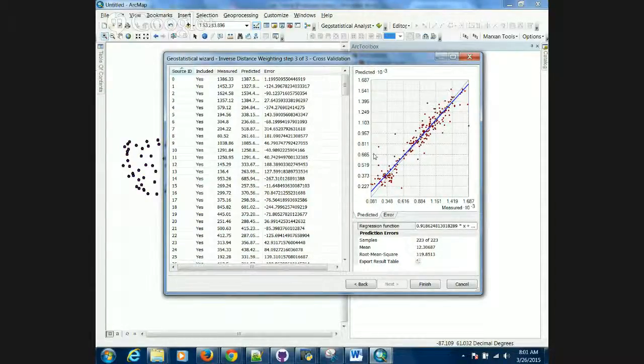Now, the way it does this so quickly is it doesn't perform the interpolation for every single cell value. It only performs the interpolation for every single known point while holding out that known point. When interpolation happens, what it has to do is perform the interpolation for the center point of every cell. And that's a lot of cells.